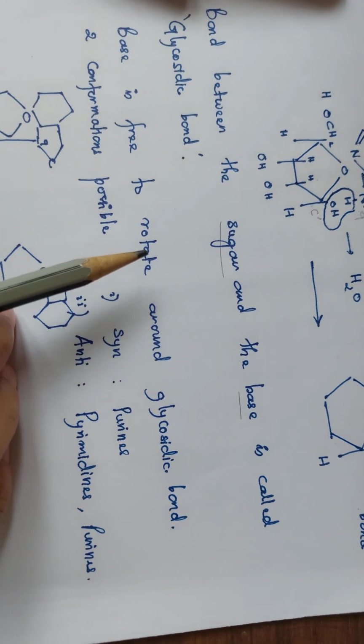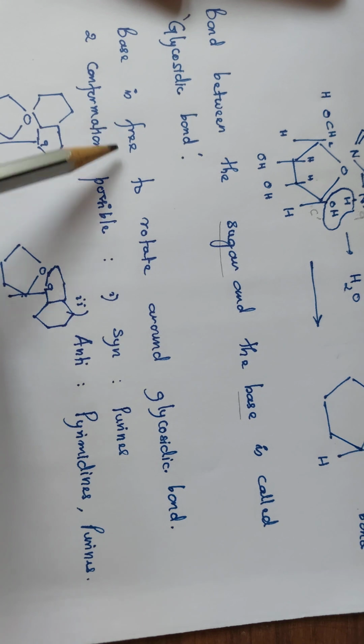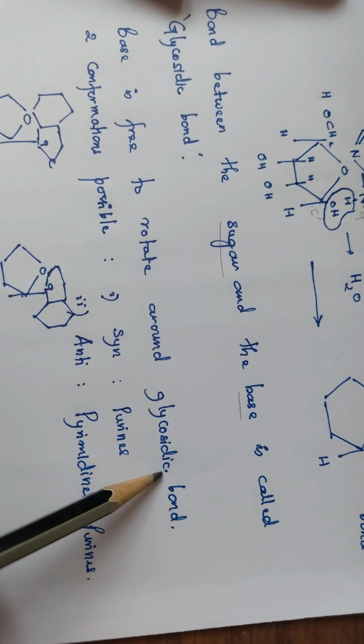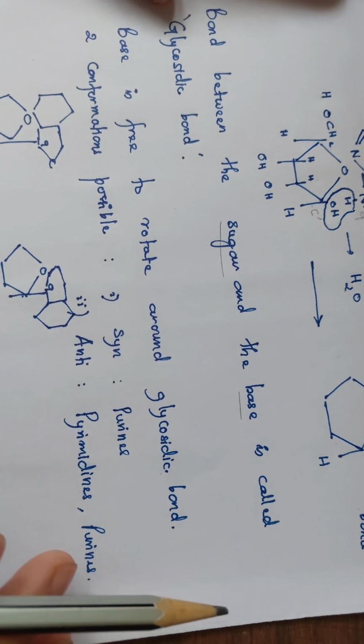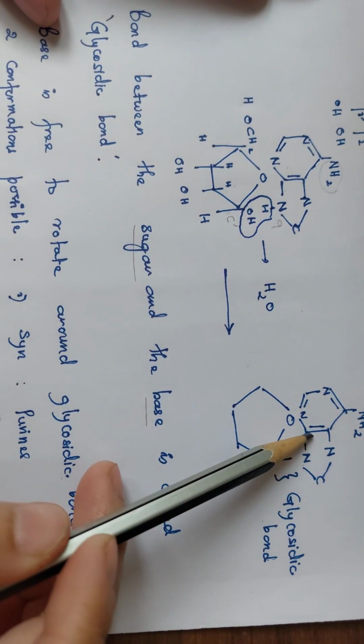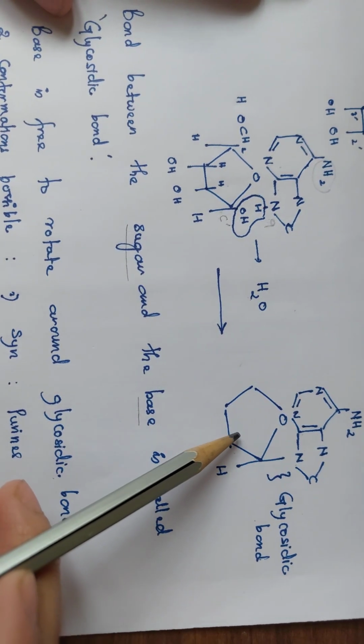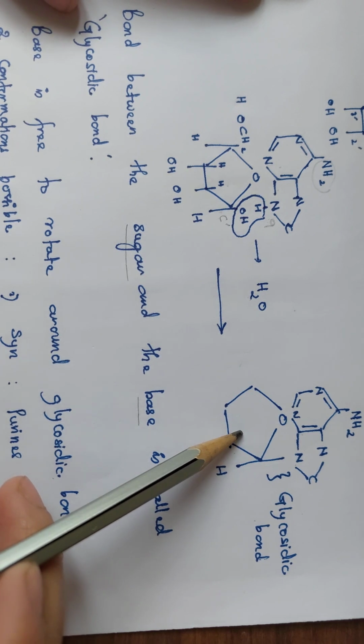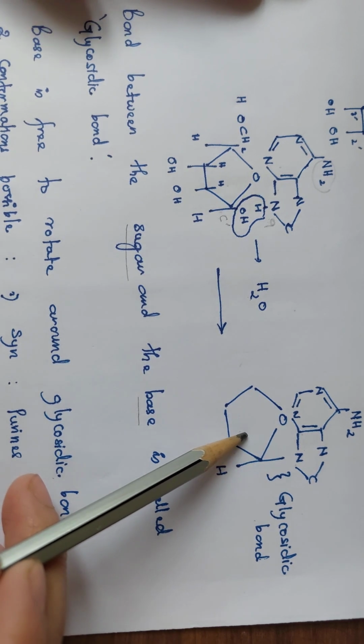Now another point is that the nitrogenous base is free to rotate around the glycosidic bond. That means this nitrogenous base that is connected to the pentose sugar can rotate freely in different conformations.